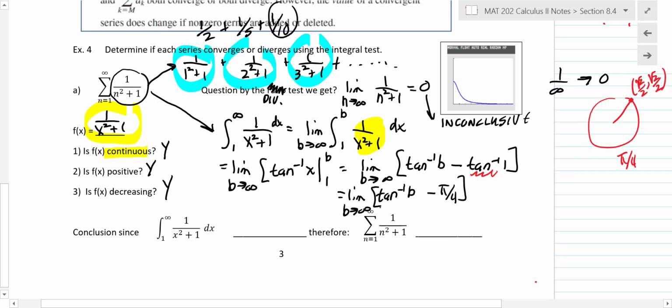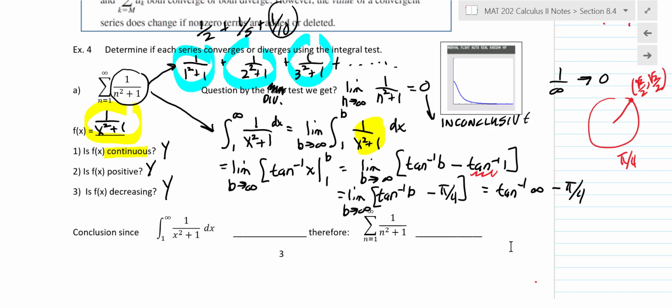Okay? All right, now what we need to do is go ahead and evaluate it at infinity. So we're going to have the inverse tangent, and I'll just put an infinity there, minus pi over 4. Okay, now it's trig background stuff here. You know the graph of the tangent does this, right? What does an inverse tangent graph do?